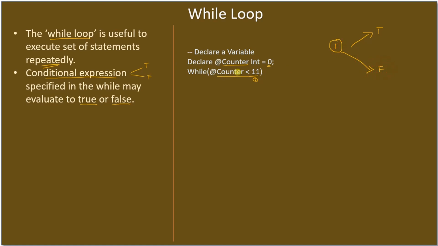And if you see, the counter is 0. So when you check 0 less than 11, 0 is actually less than 11, so it returns true. So likewise, the conditional expression will evaluate to true or false based on this Boolean expression.